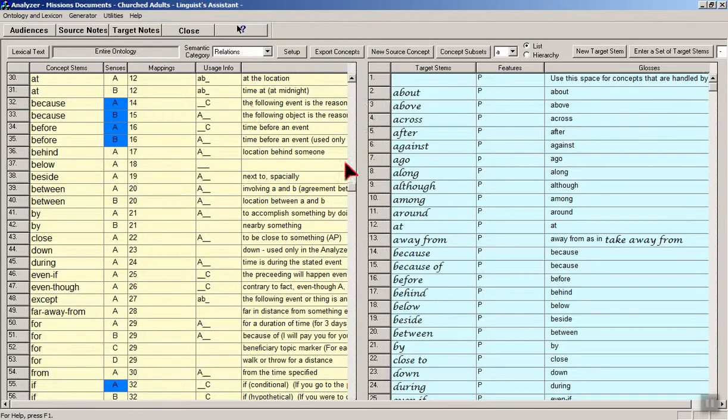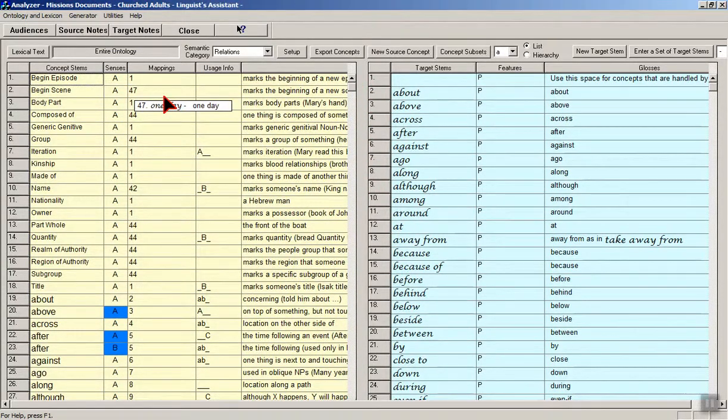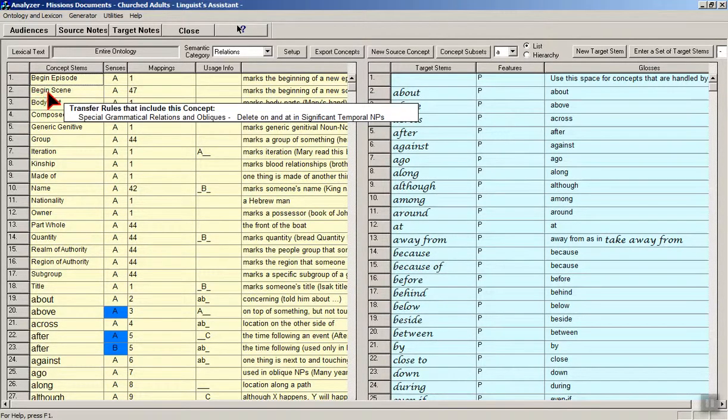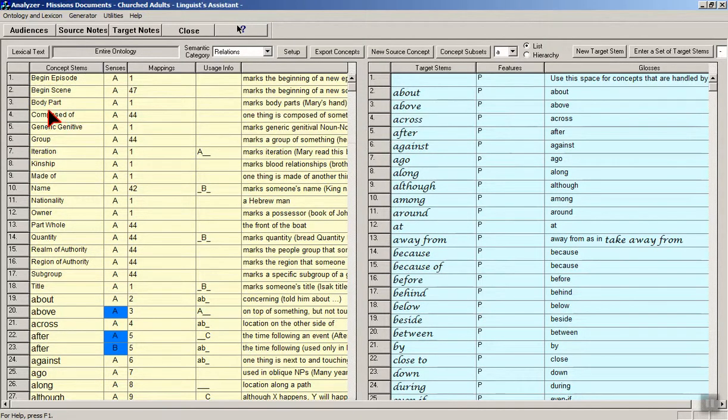Okay, now if we go back to the ontology and I go up to the top, you'll see some concepts here that don't look like words. So for instance, generic genitive is expressing the idea of something, or body part, like that man's arm. A lot of these things will be inserted automatically.